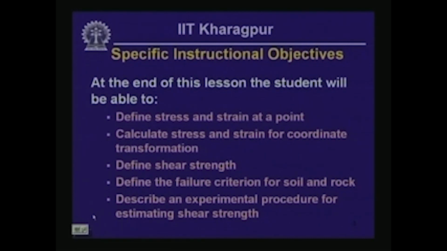Okay, so, that takes care of the point that I wanted to discuss, and now we get on with today's subject matter. So, what we want to learn in this lesson, we want to be able to define stress or strain at a point. Then we would be able to calculate stress and strain for coordinate transformation. We are going to define shear strength of soil and rock.